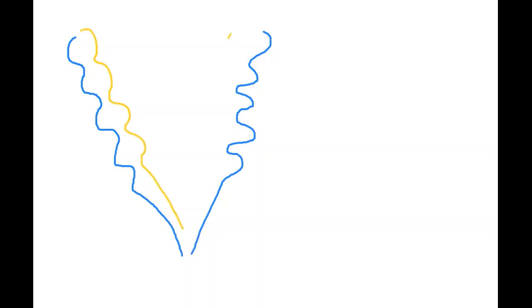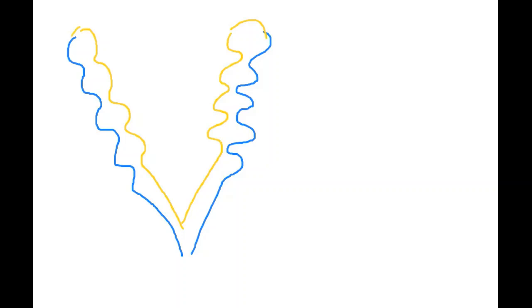Similarly here, 1, 2, 3, 4, and 5. The endoderm will look like this. These thickenings are the arches. This is the first arch, this is the second arch, third, fourth, and sixth.